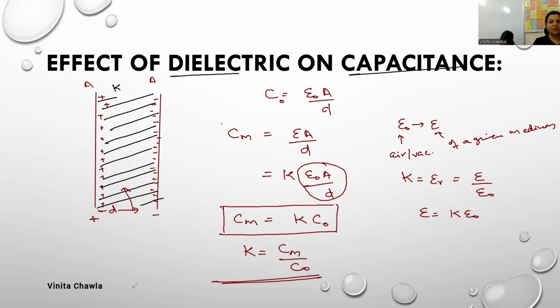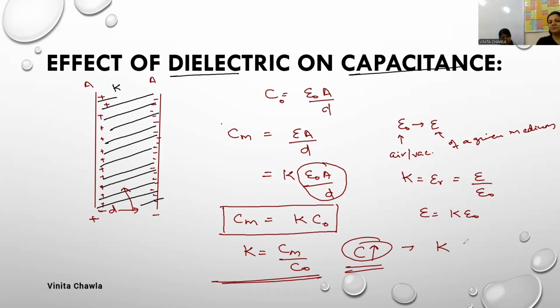So when an insulating material is introduced in the space between the charged plates of the capacitor, its capacitance increases.